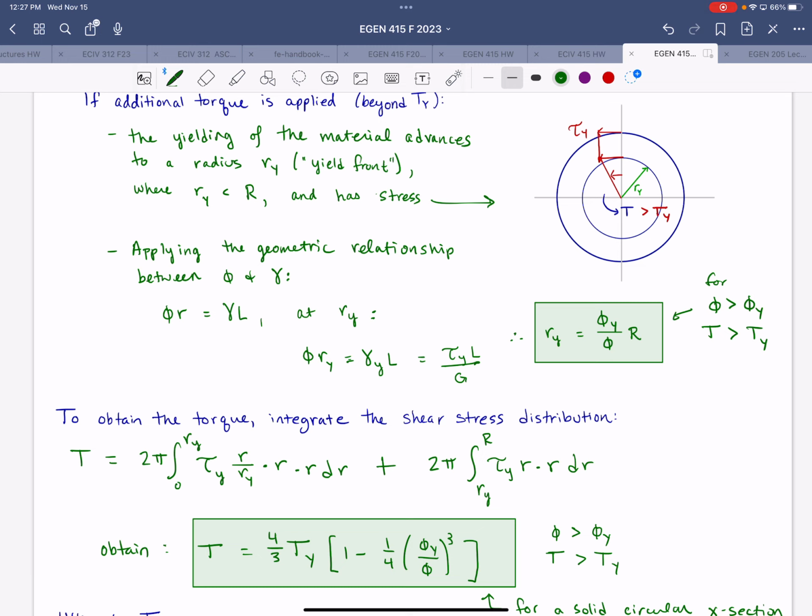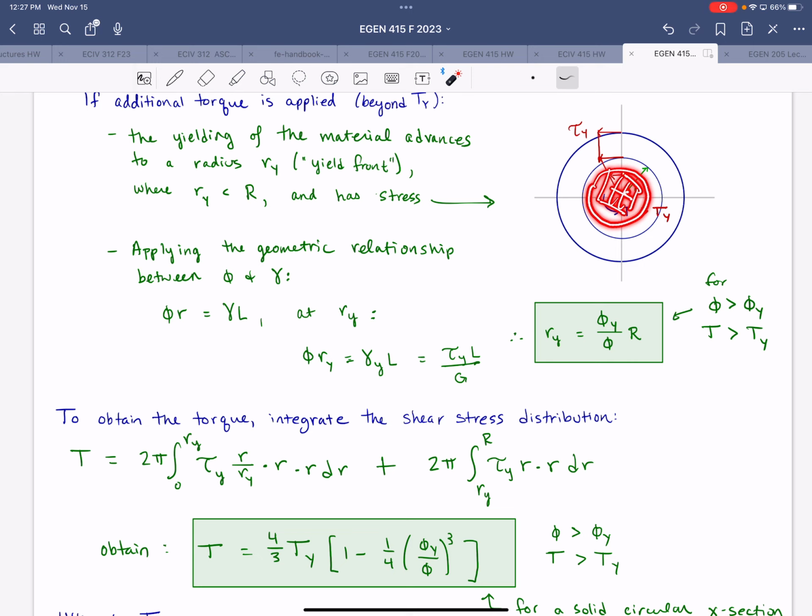No, so that is valid for hollow circular cross sections as well. The difference that is going to affect this result is, let's just say this part was hollow.